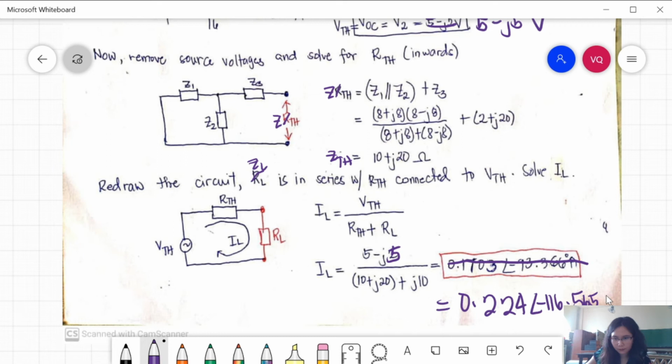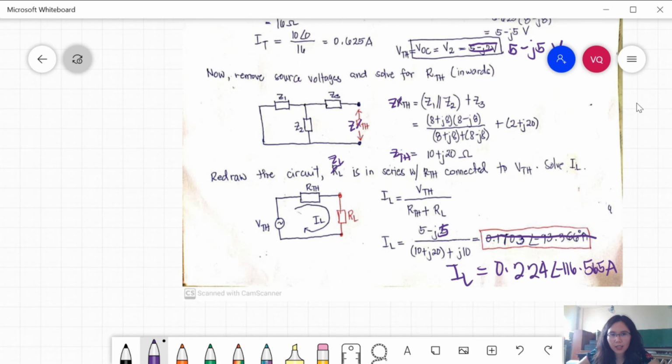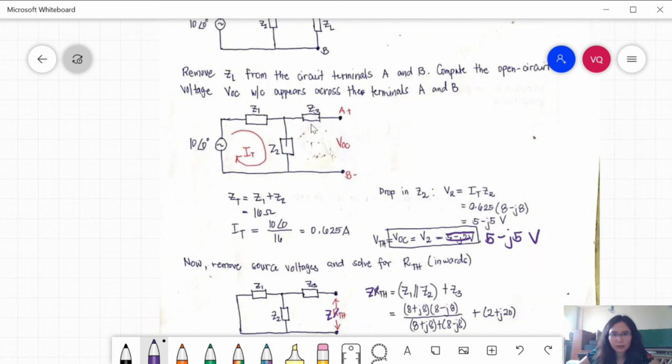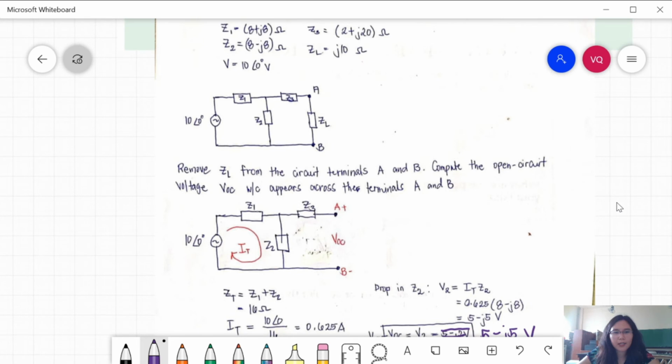So this is now the value of your IL. You can recheck this using the different networks, laws, and theorems that we discussed, and also simply the series-parallel combination. If you get the same answer, then that is correct. You can also solve the current flowing in Z3 using Thevenin's theorem with Z1 and Z2.